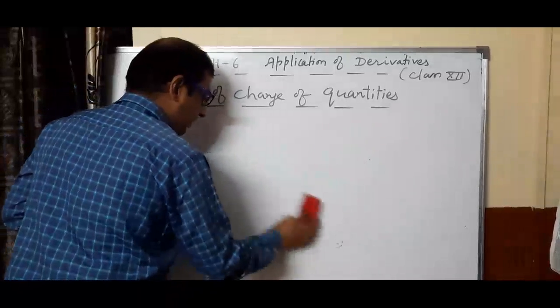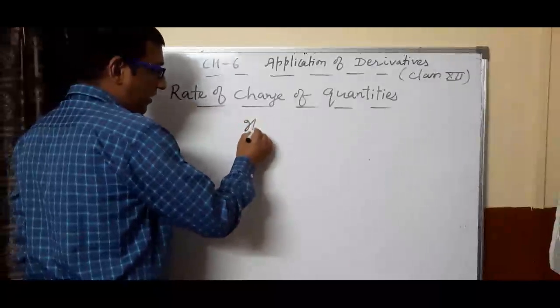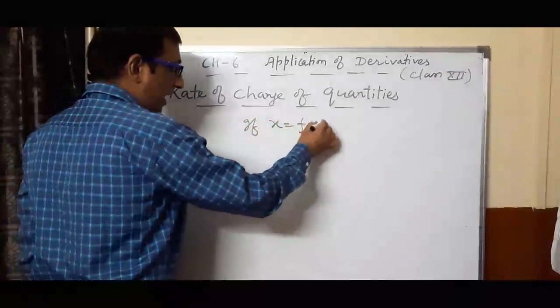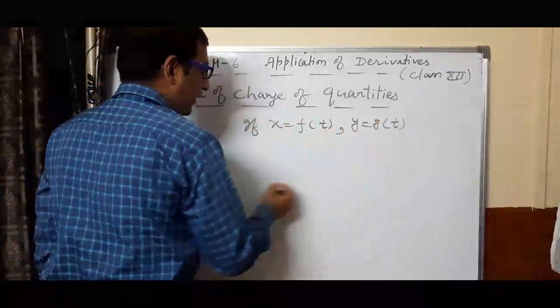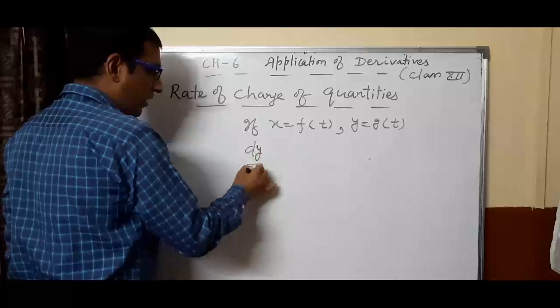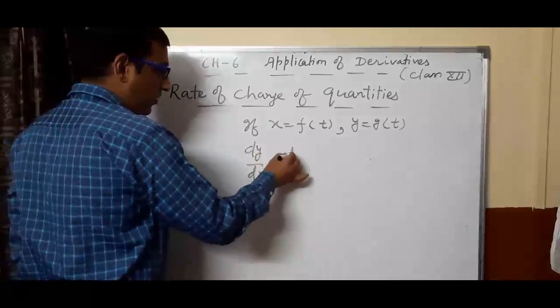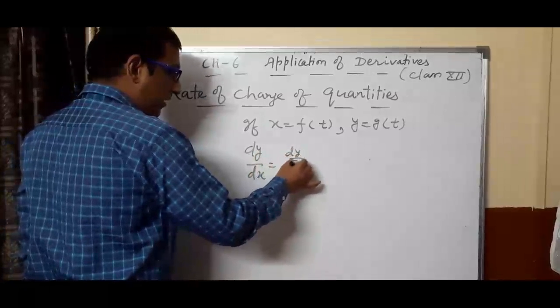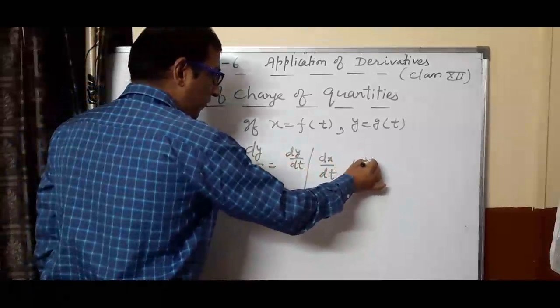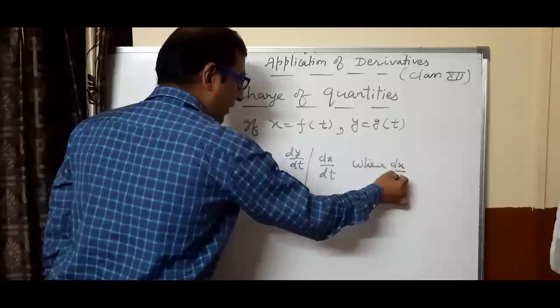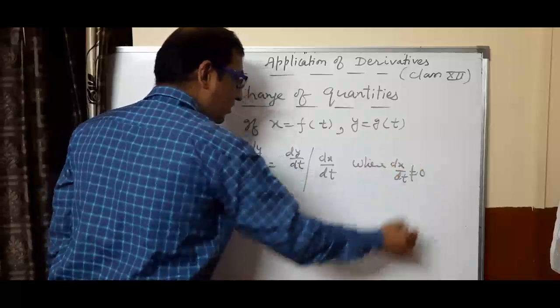So as per this concept, if we take two functions, x equals f of t and y equals g of t, then by chain rule dy by dx equals dy by dt upon dx by dt, where dx by dt is not equal to 0.